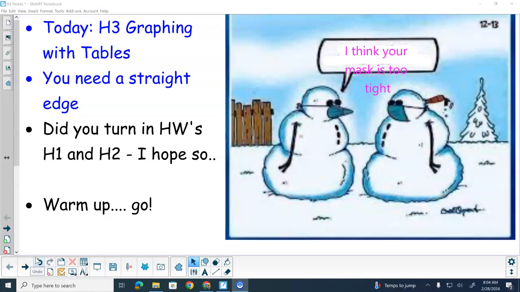If you haven't turned in H1 or H2 yet, make sure you get those turned in as soon as possible. And you can start on the 2 warm-up problems if you haven't done so already at the top of your page.